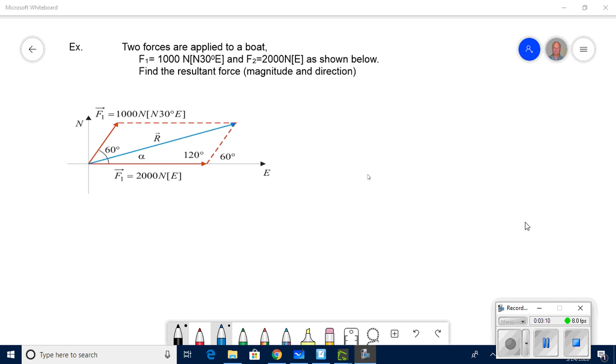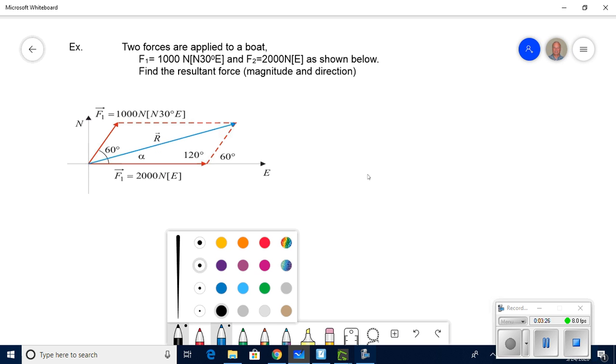Okay, so here's the situation with this particular example. It's already been drawn into a parallelogram. So basically, I've done some calculations here, I just have to find this resultant vector and then the direction. It is a relatively quick calculation. The first thing I'm going to do is use my cosine law.